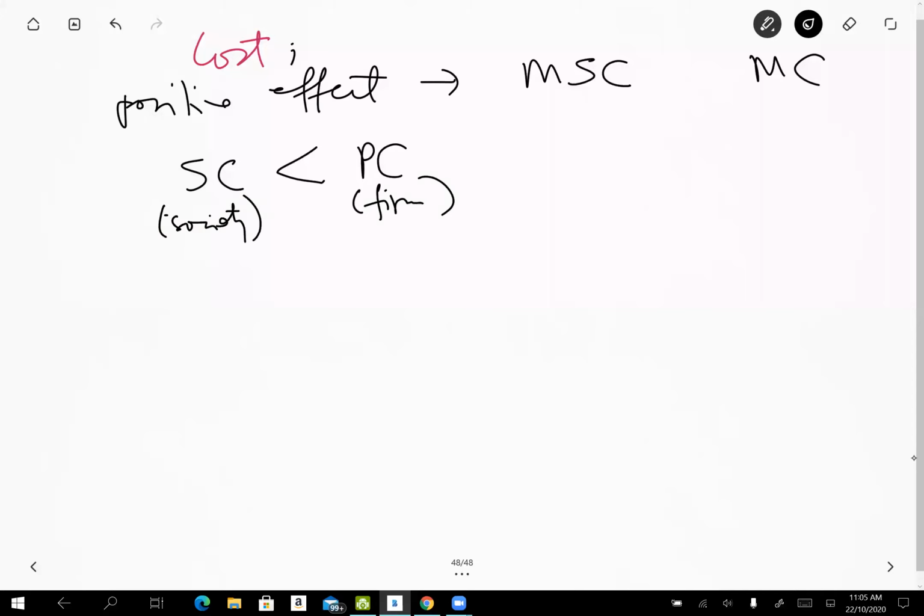Because of the positive effect of the production of a particular good, the cost to the firm is in fact higher than the cost to the society, because the society benefits from that production. So the cost to the society will be lower than the cost to the firm.